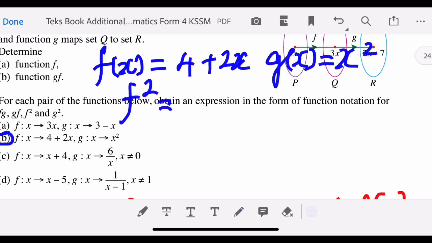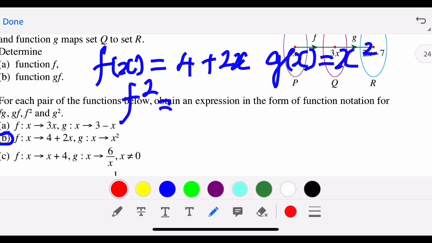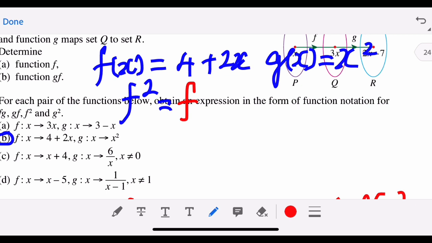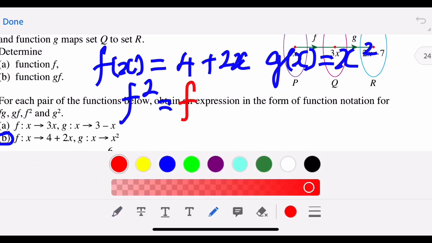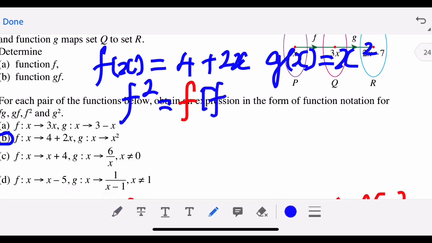It means that the function is f and the object is f(x). That is the meaning of f². It means that you substitute function f(x) into f.